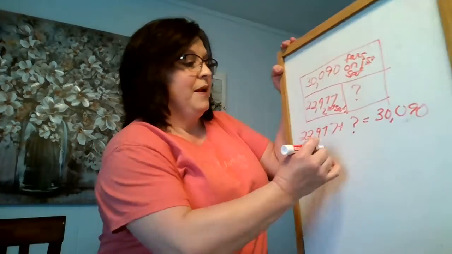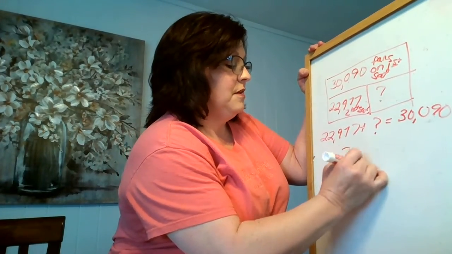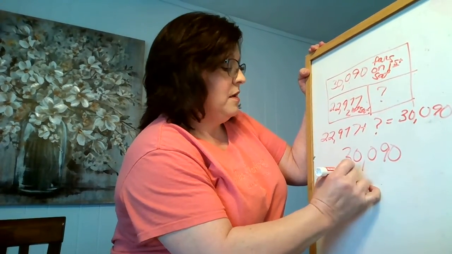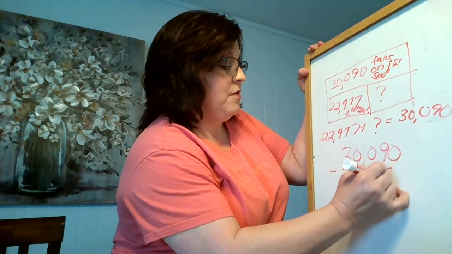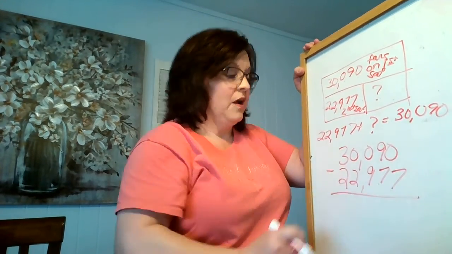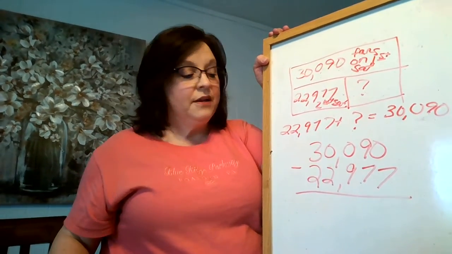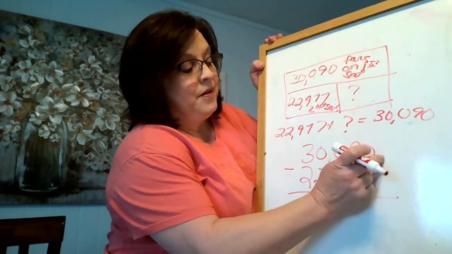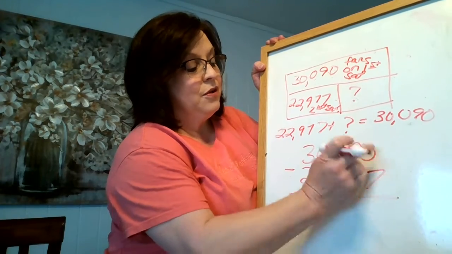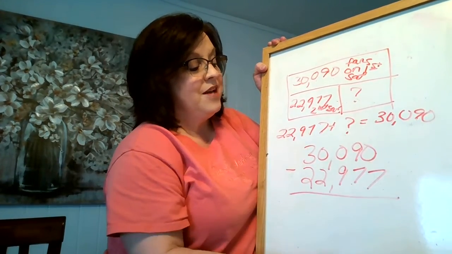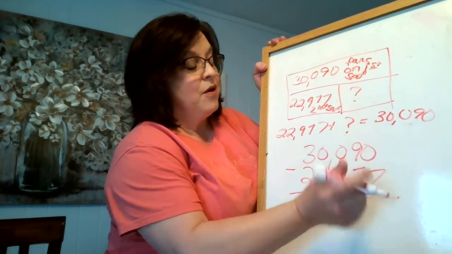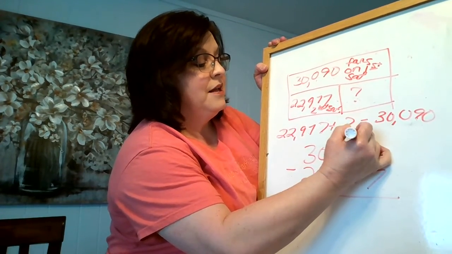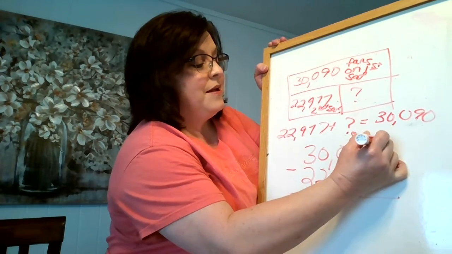We're going to take our big number, 30,090, and subtract 22,977. Now this gets a little tricky for some of us, but I always say, bigger bottom, better borrow. I have to look at my bottom number and my top number. I cannot borrow from a 0, so I have to go over here and borrow from my tens place. That makes this an 8. That makes this a 10.